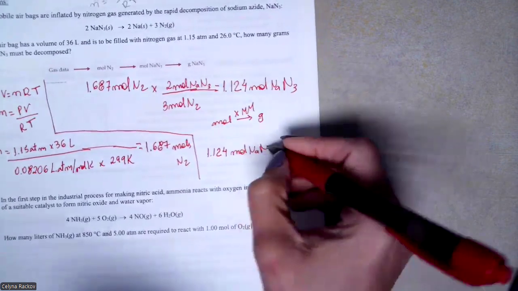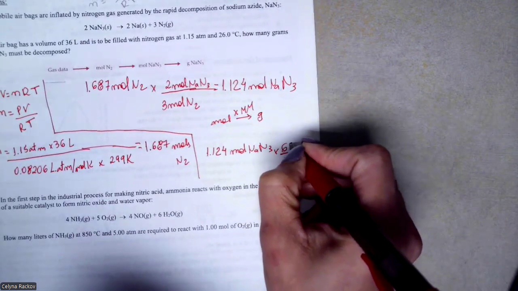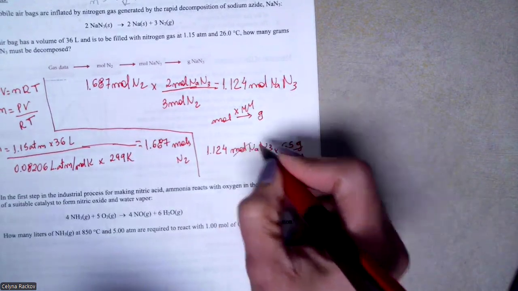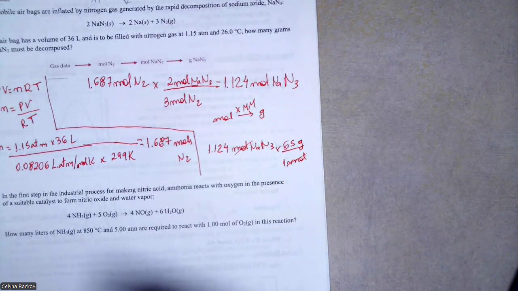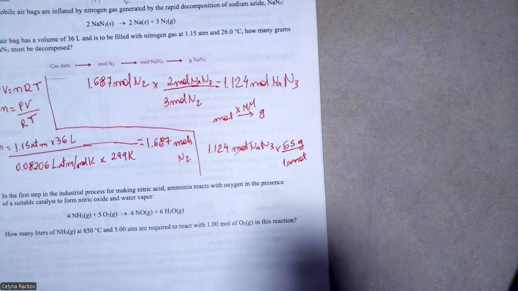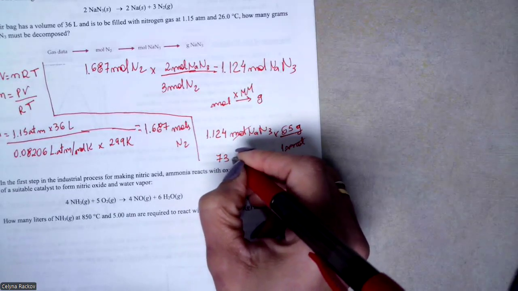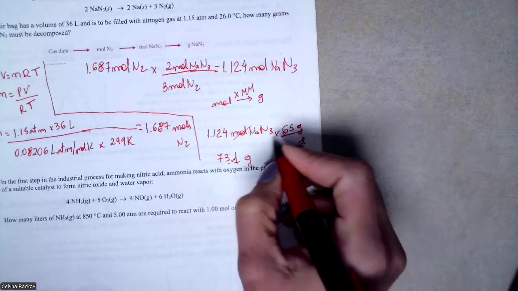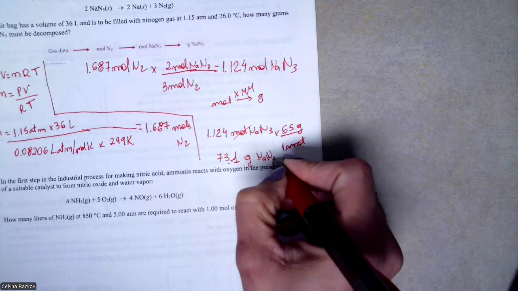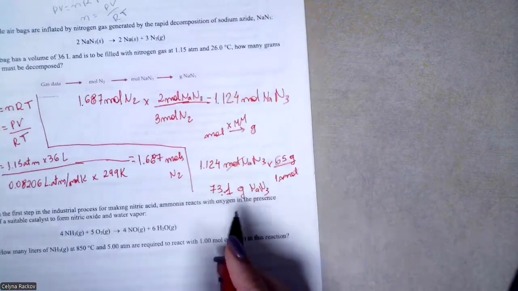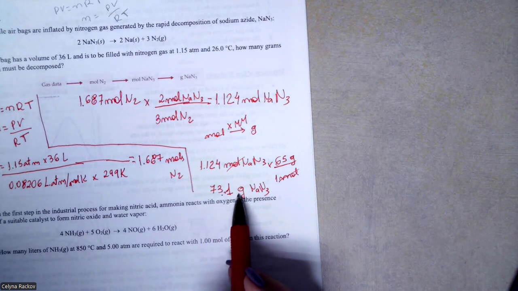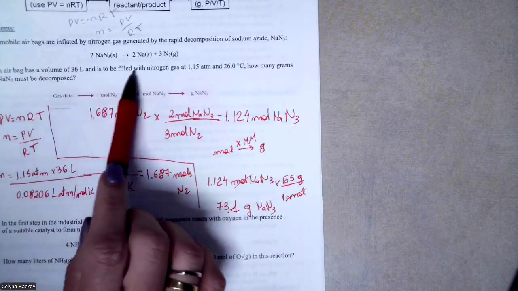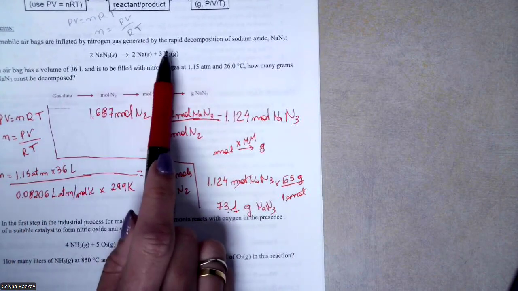The molar mass of NaN3 is 65 grams. So let's multiply 65 times 1.124. You have here 73.1 grams of NaN3. So that means 73.1 grams of NaN3 must be decomposed to have this amount of nitrogen gas.